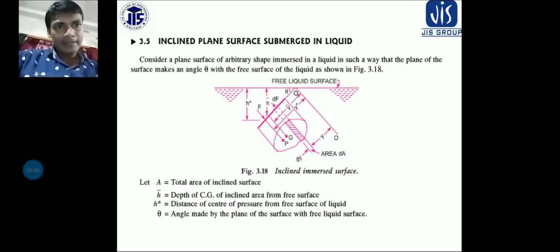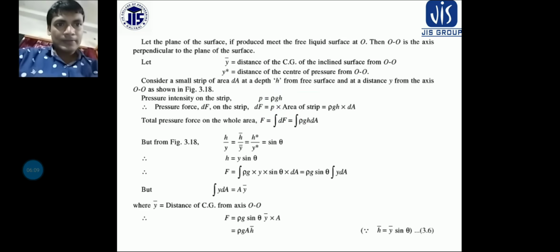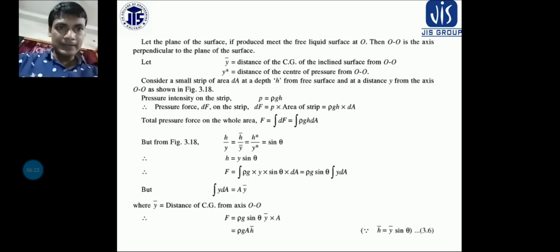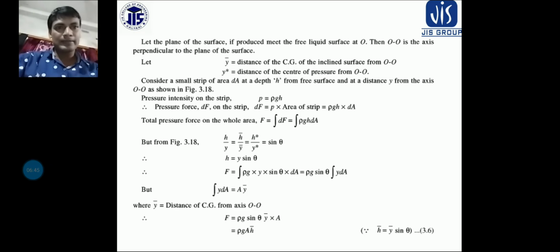By the help of this equation we can say that h is equal to y sine theta, and F is equal to rho g h dA. Putting the value of h, it is rho g y sine theta dA. Here rho g sine theta is constant, and the integration of y dA is the area moment. So it can be written as area into y bar, the integration of dA being A, and y bar the area moment.